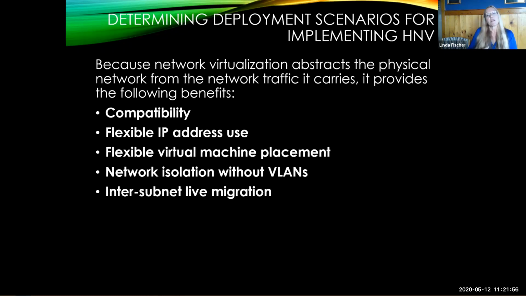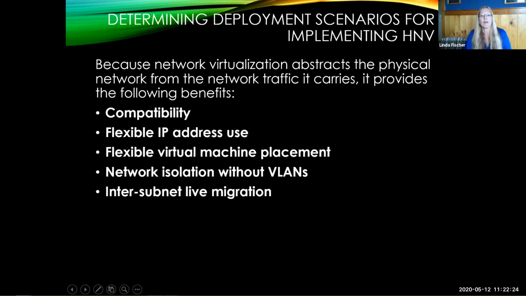We can have network isolation without VLANs, and that allows you to define network traffic isolation without requiring VLANs or needing to reconfigure your physical network switches. And we could have inter-subnet live migration, and that lets you move your virtual machines between two Hyper-V hosts in different subnets using live migration without having to change the virtual machine IP address.